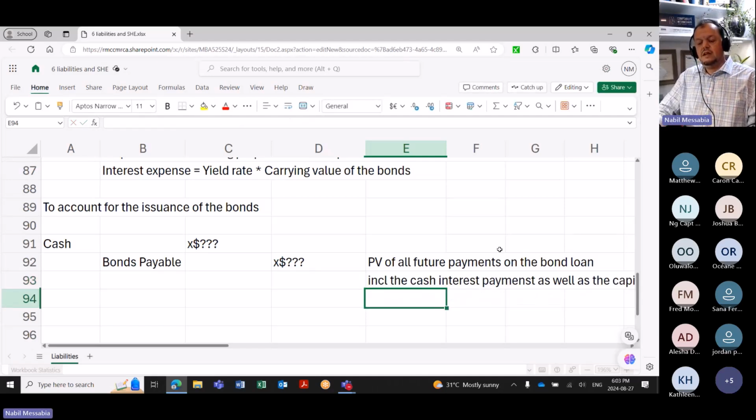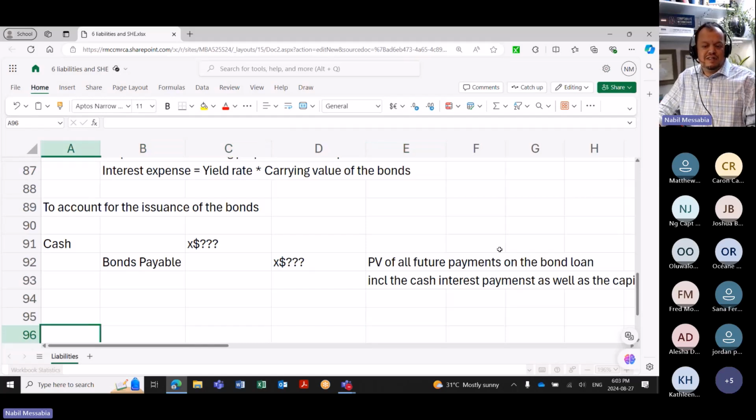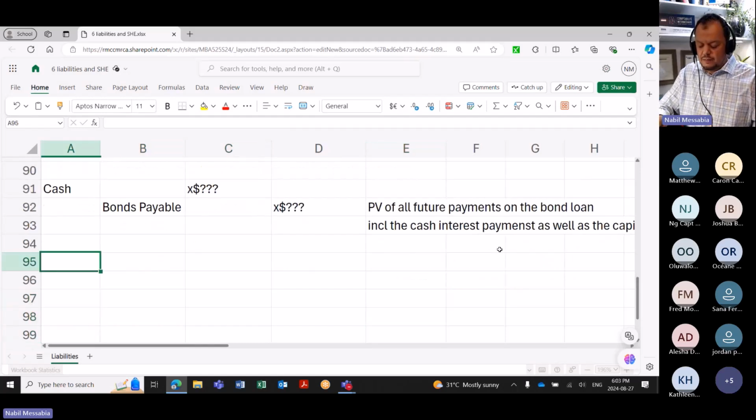Now we know how to make this calculation. In this case, the payment at the maturity day will coincide with the last interest payment. We pay the interest at the end of every year, so the last payment will be on the same day as the reimbursement.